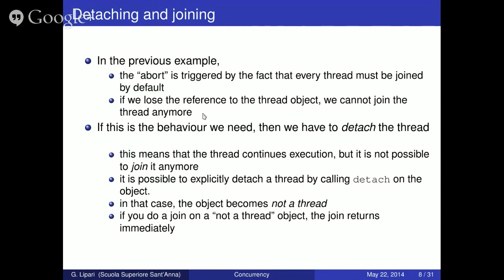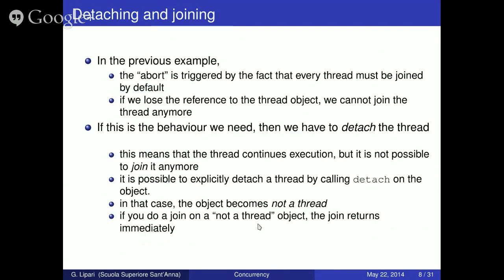Instead, if we need this, we need to forget about joining a thread. We want to just leave it free to execute as long as it wants. Then you have to detach the thread. This means that the thread continues execution, but it is not possible to join it anymore. So you detach it, and the object itself becomes not a thread.